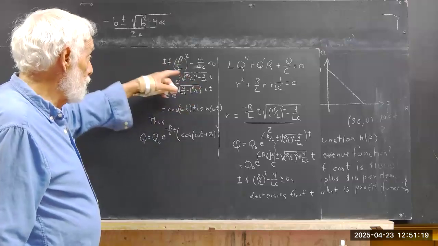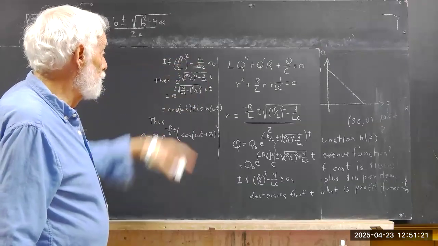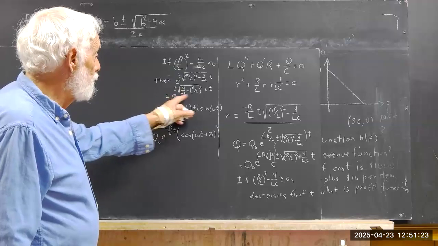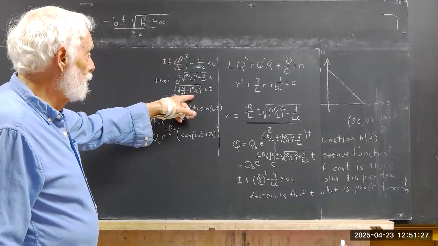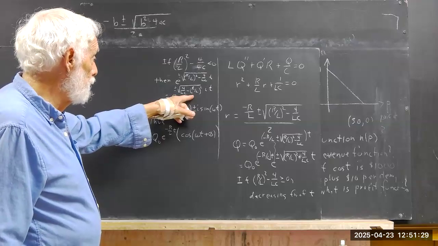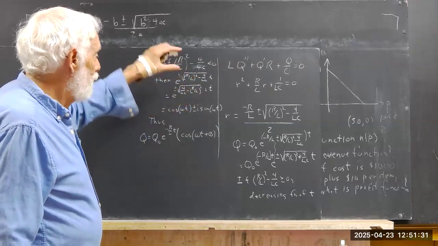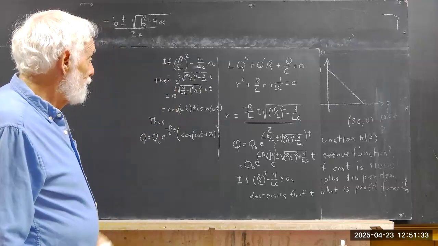We take -1 times this expression and we get this expression: 4 over LC becomes positive, the (R over L) quantity squared becomes negative, and then it's times -1.